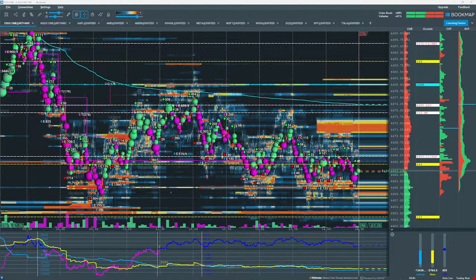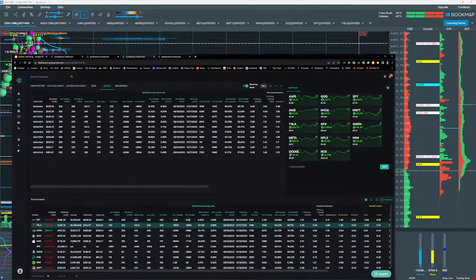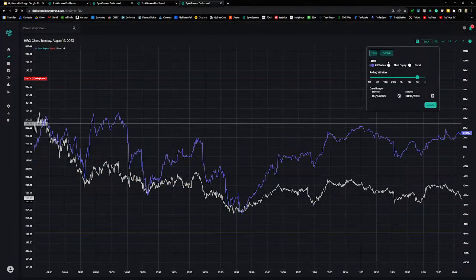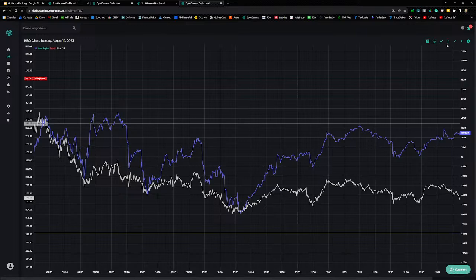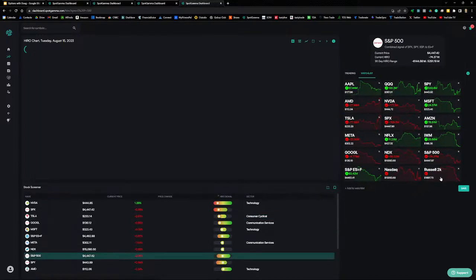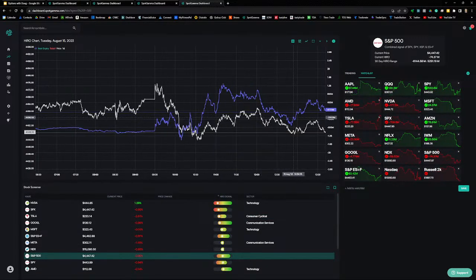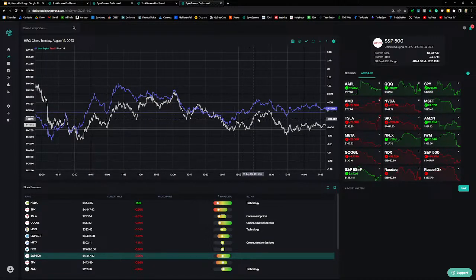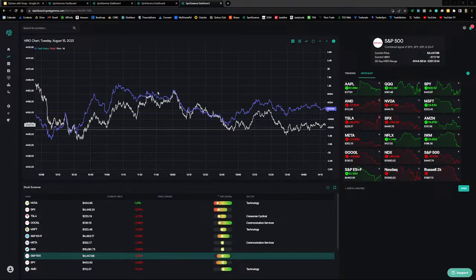Let's just see what options traders are doing. Let's go back to Hero, go to the S&P 500. Let me go back to the total signal. And overall, the Hero signal is trending lower, maybe flattened off a little bit, but trending lower.